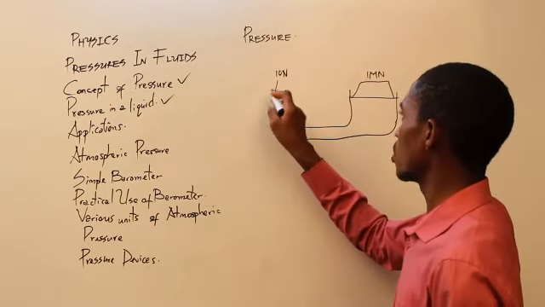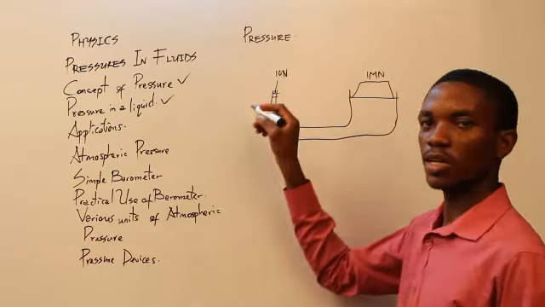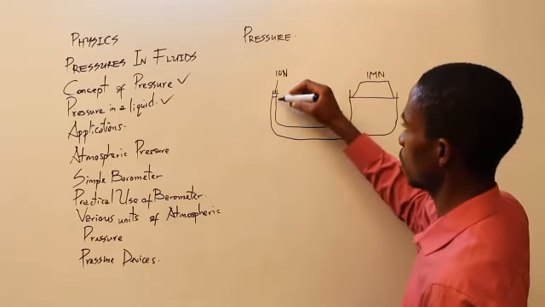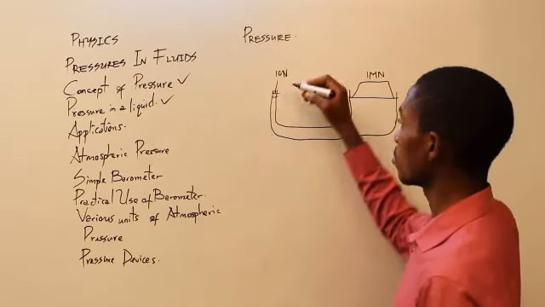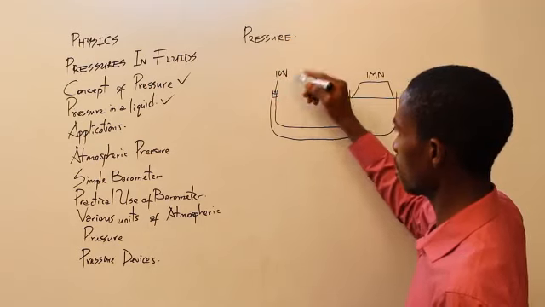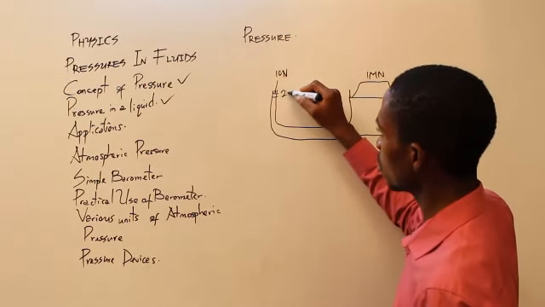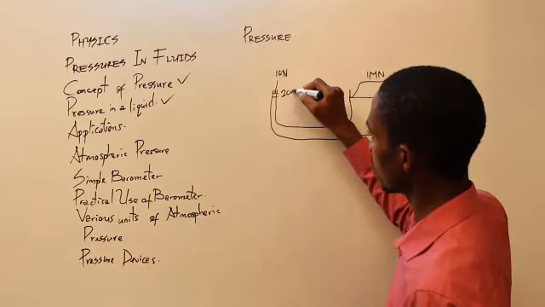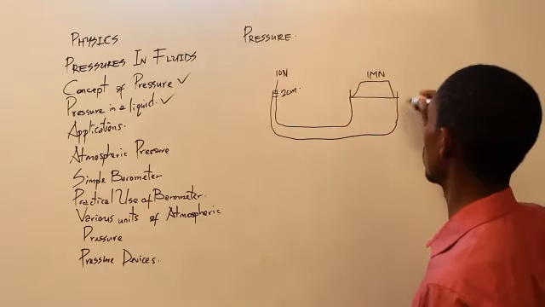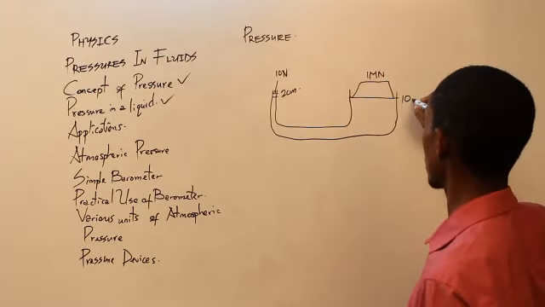The radius of this place, since of course it is very narrow, can be as small as, say, 2 centimeters, while this one may be as big as 10 meters.